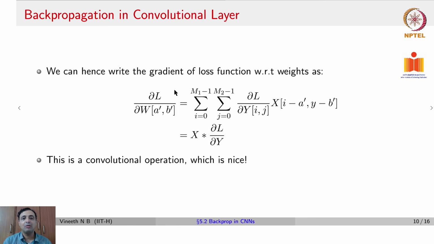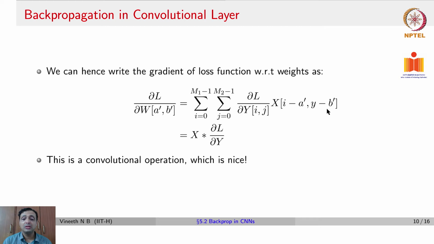We now have ∂L/∂W at (a', b') equal to the summation over all the pixels in Y, ∂L/∂Y for every pixel in Y, times the second term which we just computed on the previous slide, which turns out to be X at (i − a', j − b'). Look carefully.